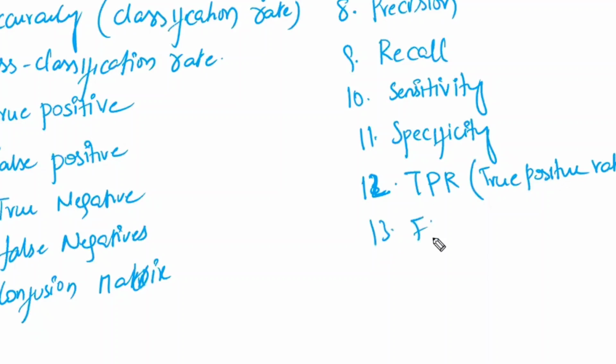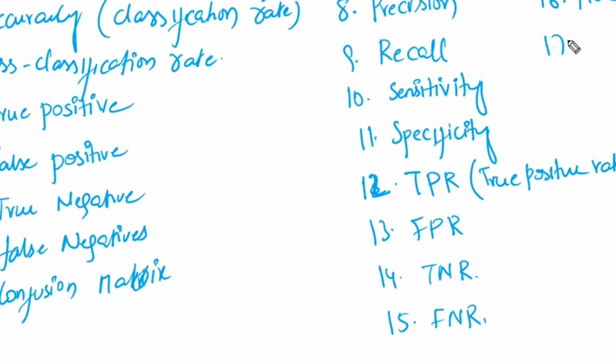Next one, false positive rate, FPR. Next one, TNR, true negative rate. Next one, false negative rate. Next one, ROC. Next one, AUROC. So a total of 17 metrics are there. Not 17, 18 also is there. The 18th is called F1 score.